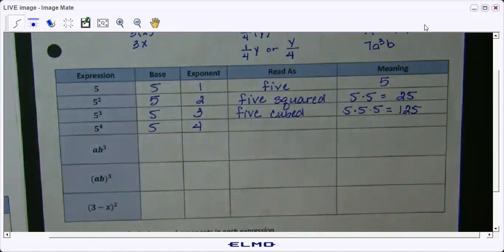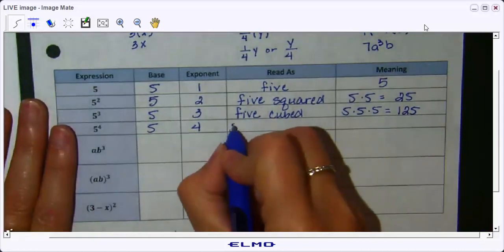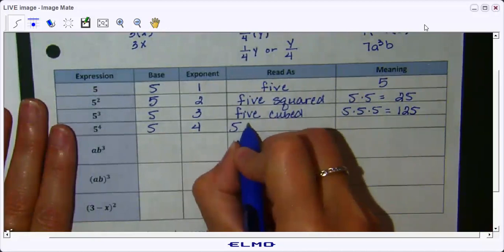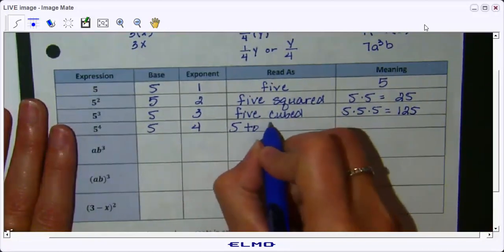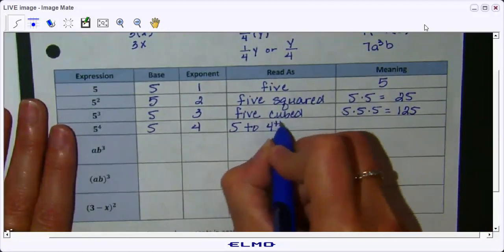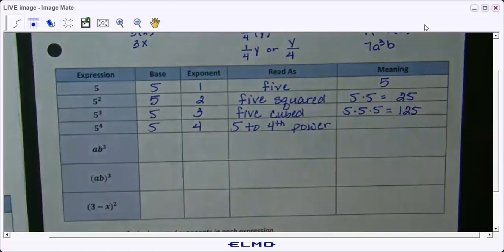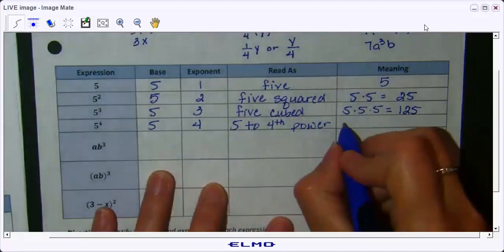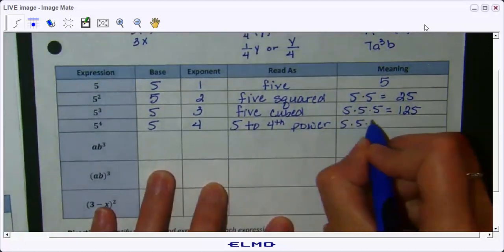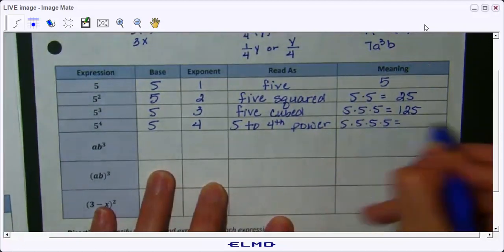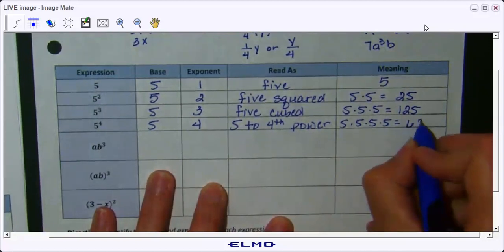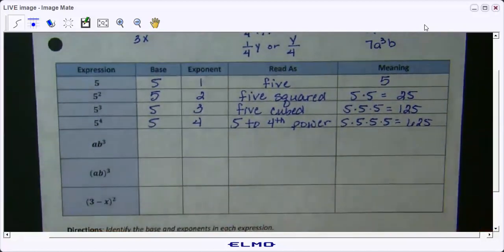It's 5 to the power of 4. I'm just going to put 4th power, but 5 to the power of 4 is also correct, so don't change that. So then we have 5 times 5 times 5 times 5, which equals 635. Good job.